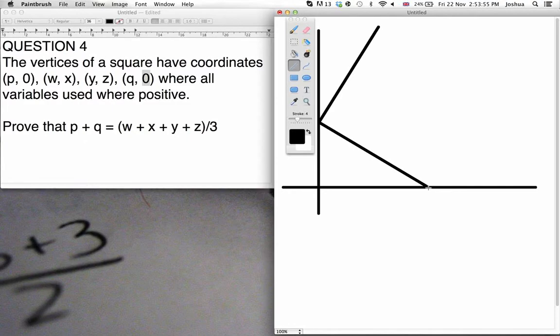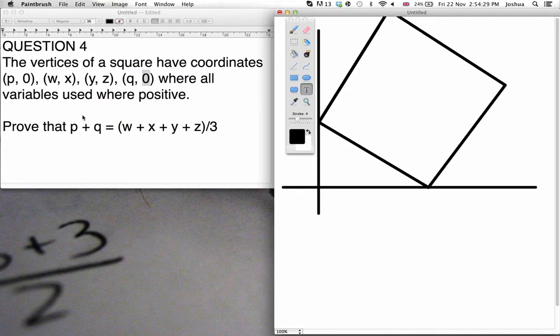Especially from this angle, it's not that easy. There we go. That's the square, guys. Pretend it is one. Pretend it is one.